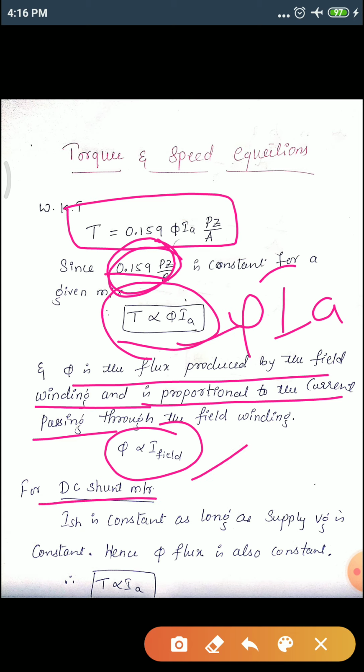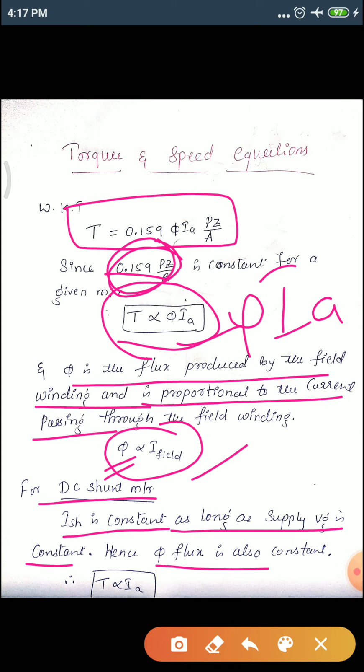For a DC shunt motor, flux is a constant, so we can also call this a flux constant motor. ISH is a constant as long as the supply voltage is constant. Therefore this machine is also called a flux constant DC shunt motor.